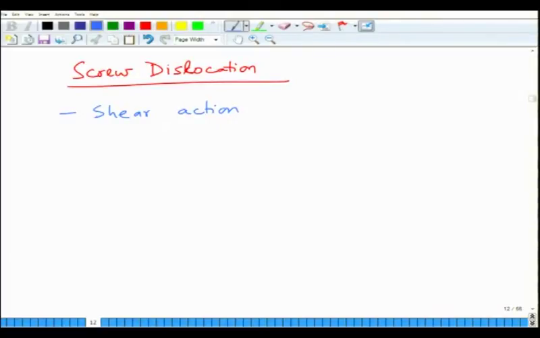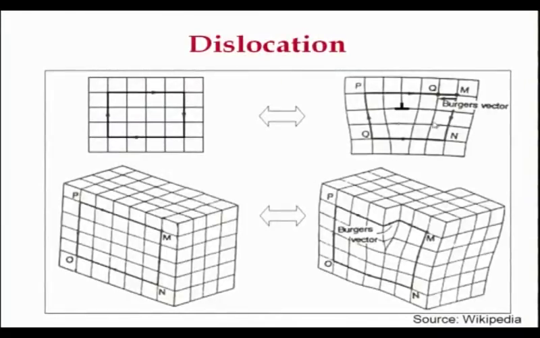For this I need to take help of an illustration. This was the edge dislocation, where we had a Burgers circuit which showed the extra step. In the screw dislocation, you have two parts of the crystal sheared in this fashion.